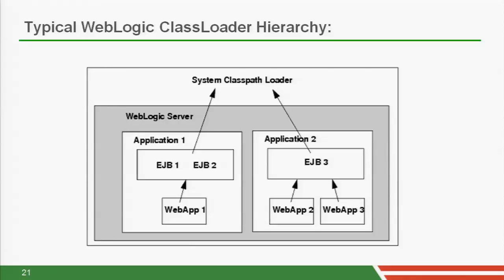And what it shows is a pretty straightforward picture. We have the system class path loader, as in all Java cases. And then below it, we have a separate hierarchy of class loaders for each application, for each EAR file in this case. Or it could be a WAR. And what we see here is that there is the application class loader for all of the EJBs or other things that the application contains.